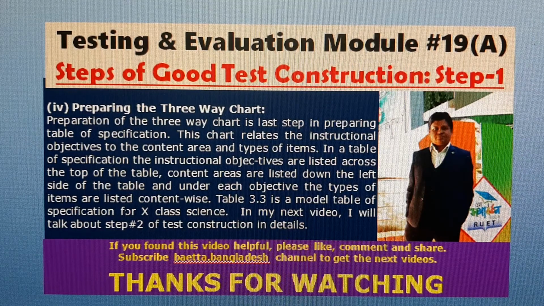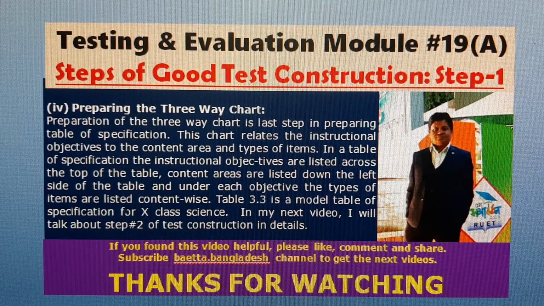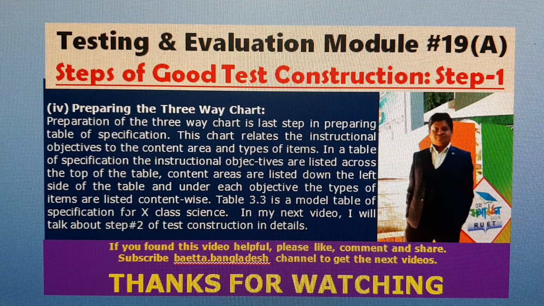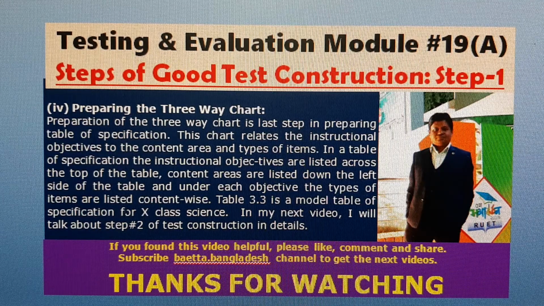Table 1.3 is a model table of specification for class 10 science. Table 1.3, table of specification for science biology class 10. Instructional objectives and content areas: knowledge, understanding and application. Content area 1, food. Knowledge: supply type 0, multiple choice question 1, matching type 0, true false 1.